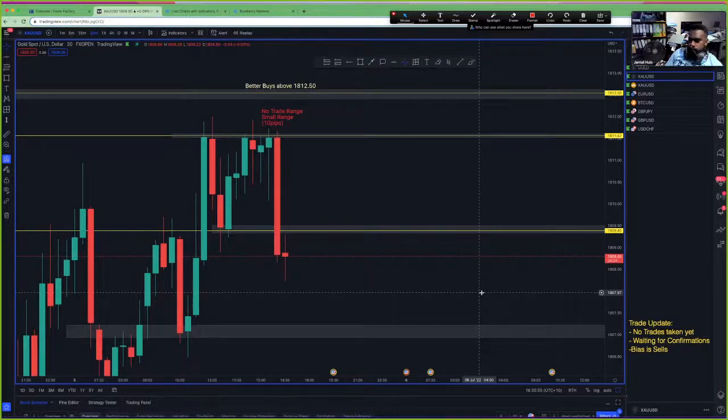There we go, attempting to break, the candle closing in. We're in on the sell right now, so hopefully we can start driving down now.